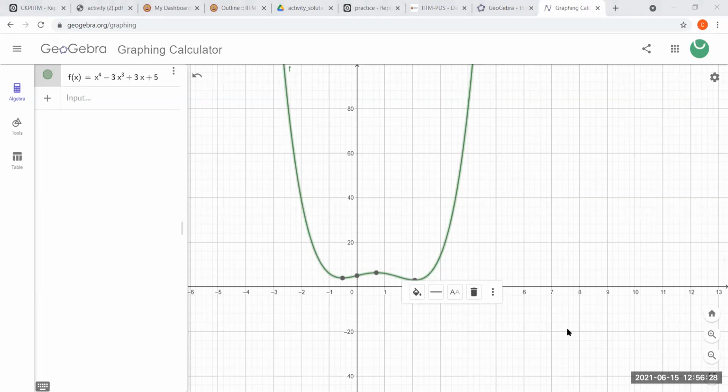So at this point, 1.5, there is a point of inflection. The graph is changing, and at 0. See, there are 2 points of inflection. Can you see that? So the graph is having this shape. Just remember, it has actually one minima which is on the right-hand side. It is very down and the left one is a little up.